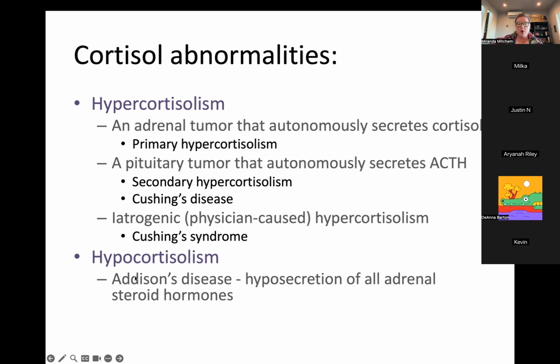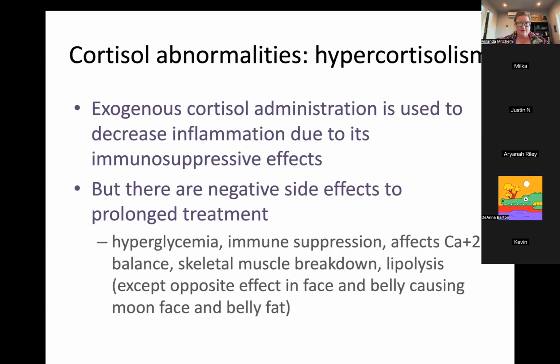Now, hypocortisolism, too little cortisol, that's an autoimmune disease, usually an autoimmune disease that's attacking the adrenal cortex. President Kennedy had that. Okay, so getting into what Deanna was asking about, the side effects or symptoms of hypercortisolism.